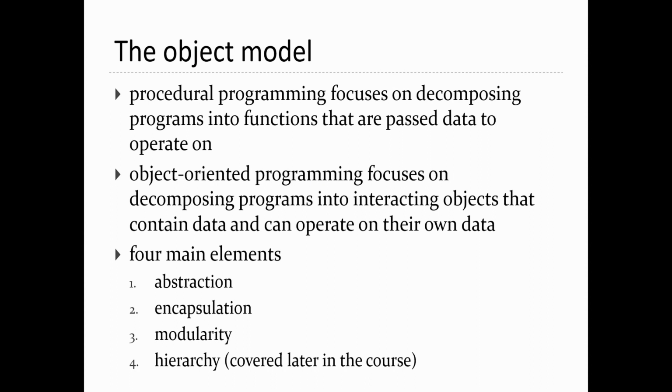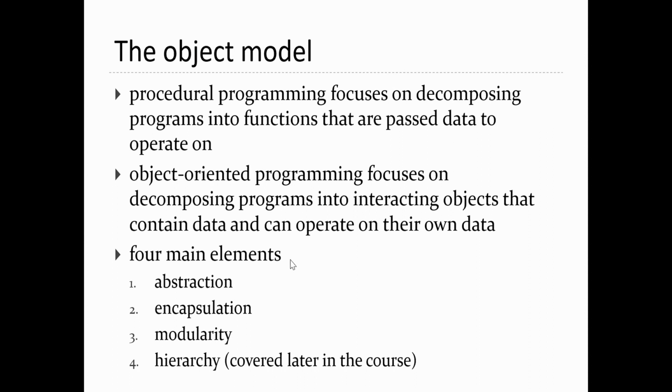The objects contain the data, and the objects operate on their own data. So that's the big difference between the two. The way your program is structured is fundamentally different. Procedural programming splits everything up into functions and maybe modules in Python. Object-oriented programming splits everything up into objects. All the data lives in the objects.